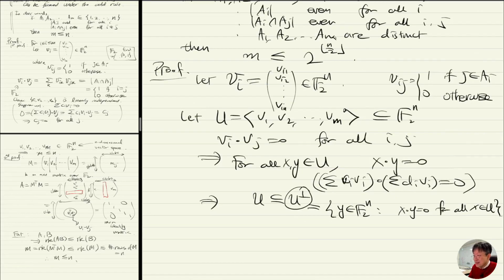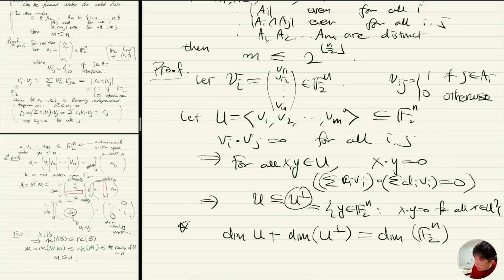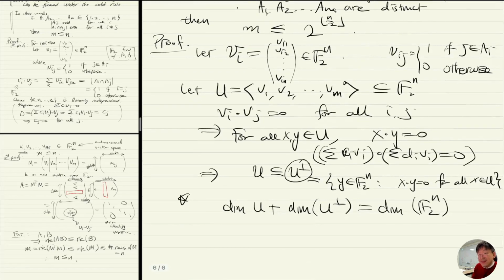Okay. Now, why is this useful? Because here's one theorem in linear algebra. The dimension of U plus the dimension of the orthogonal complement is equal to the dimension of the whole space. This is true for any subspace.